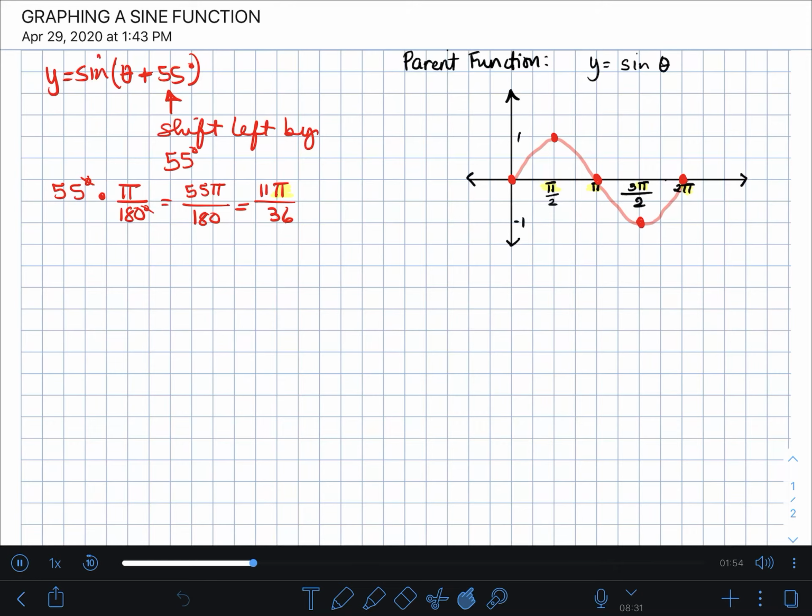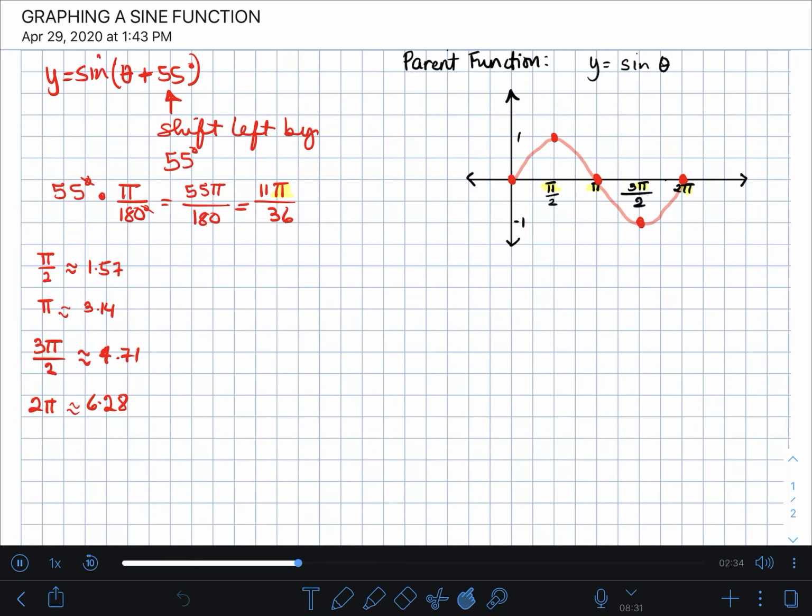Pi over 2 is around 1.57. Pi, of course, is 3.14. 3 pi over 2 is around 4.71, and 2 pi is around 6.28. Okay, so now I can graph.